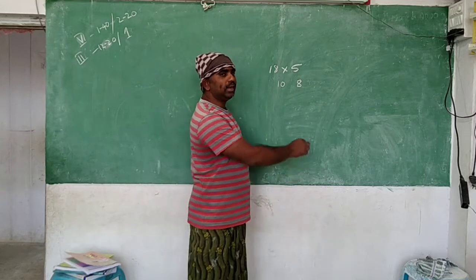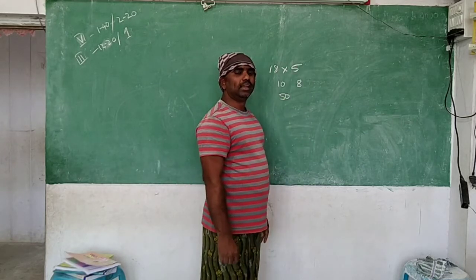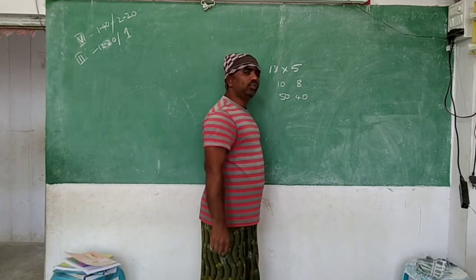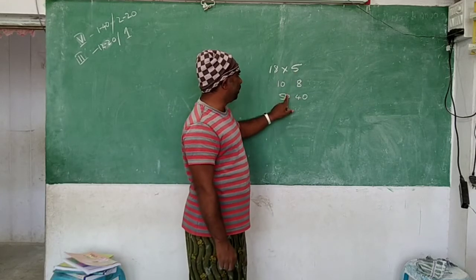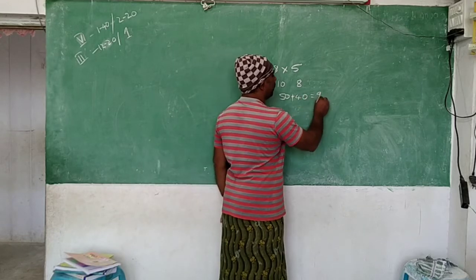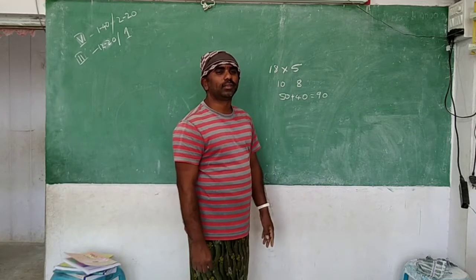Now you see, use the tables: 10 fives are 50, 8 fives are 40. Then I will add both. I will get 90. That is 18 fives.